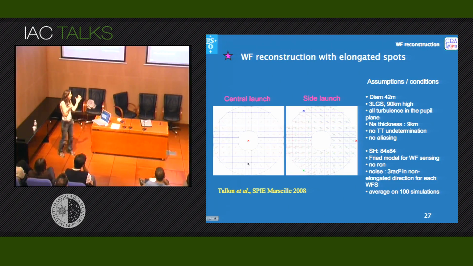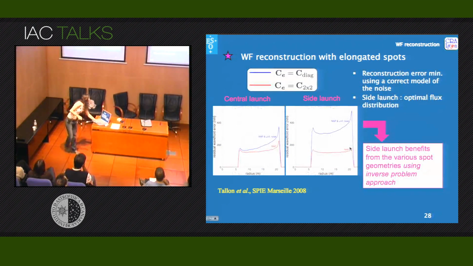In the first case, the curve in blue represents the wavefront error in the reconstruction with a radial profile. So here is the pupil, here you have the central obstruction. And then you have the wavefront error increasing the farther away you go from the center of the pupil.